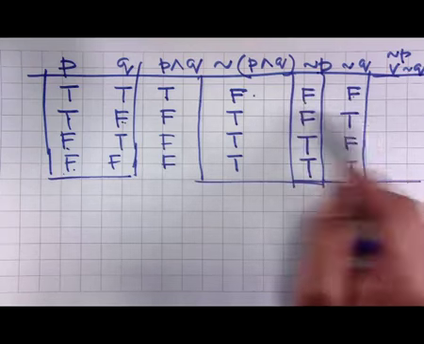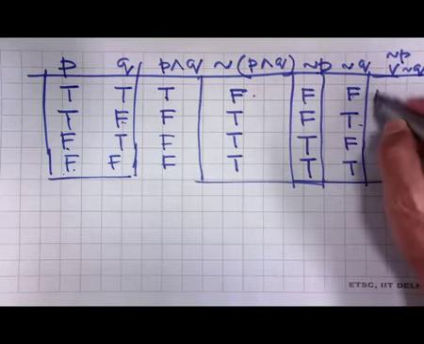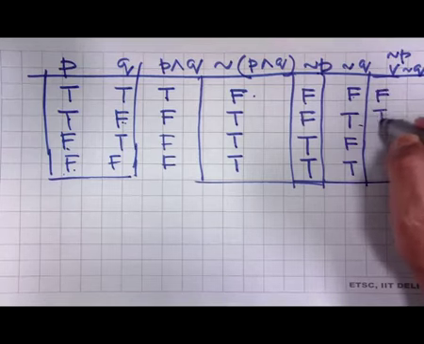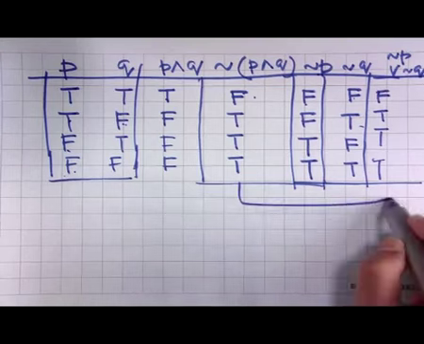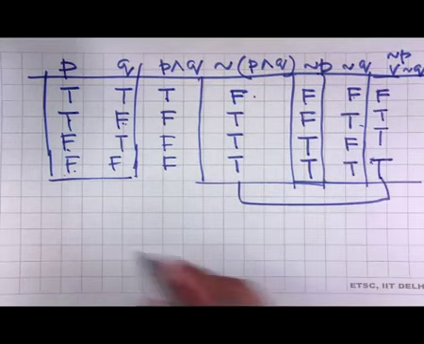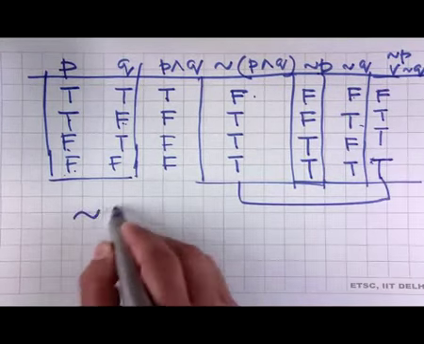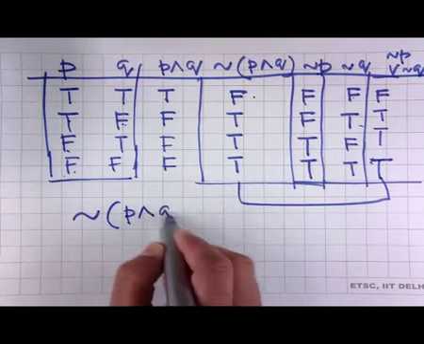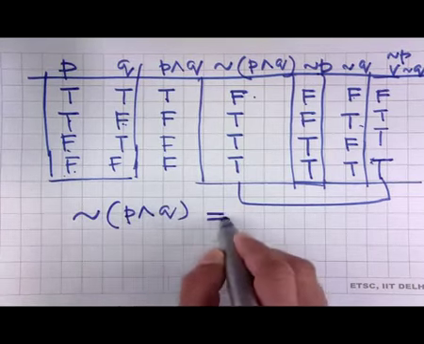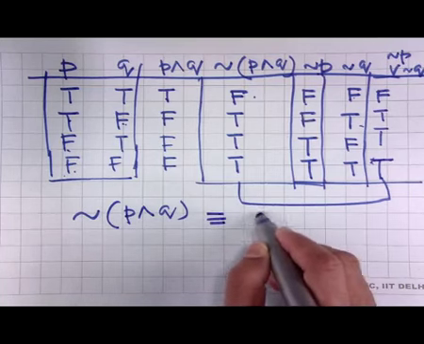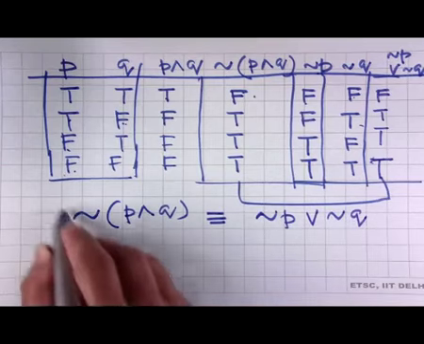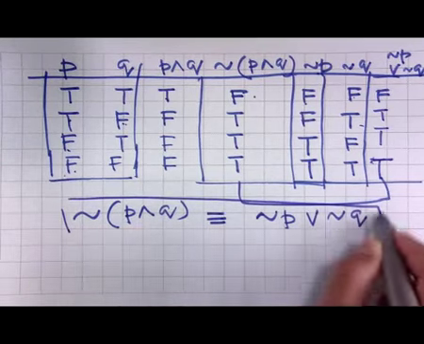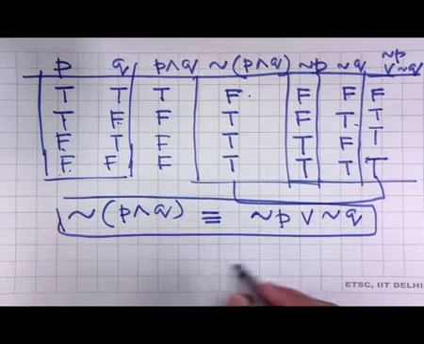It is true if any one of them is true, and therefore, it is going to be F T T T. And if I now compare these two columns, we find that negation of P and Q is equivalent to negation of P or negation of Q. So, it is the De Morgan's law.